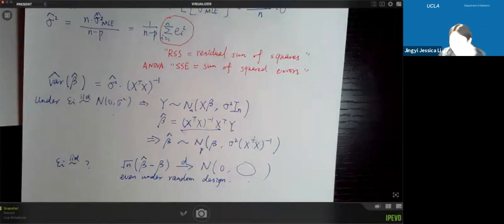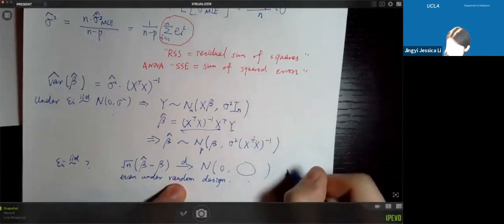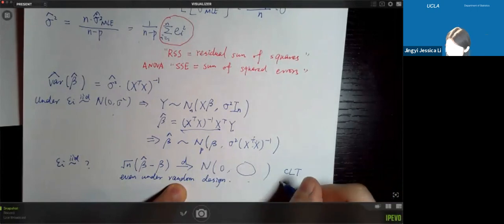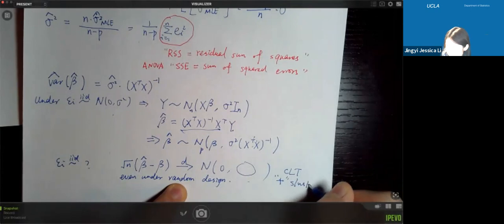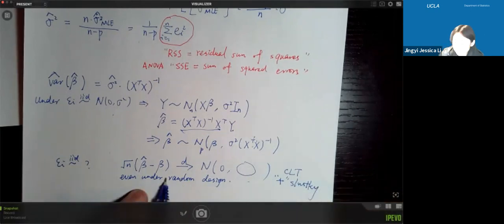You have one term converging in distribution, one term converging in probability, and the Slutsky theorem can combine the two. So basically, for this one, you're going to use the central limit theorem and maybe you may need the Slutsky theorem to prove asymptotic normality.